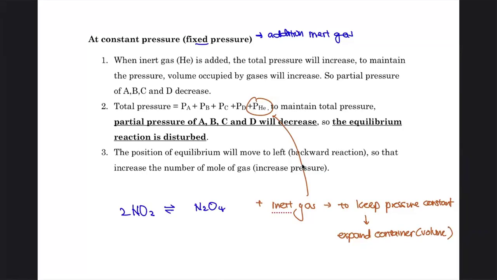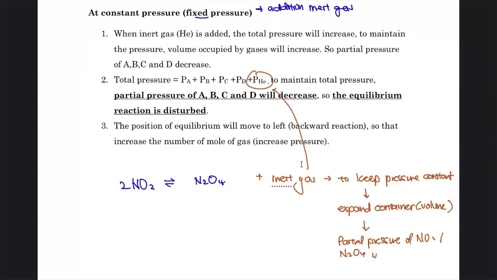If I expand the container, the reacting gases become more spread out. So if I expand the container, the partial pressure of NO2 or N2O4, or both of them, will decrease.